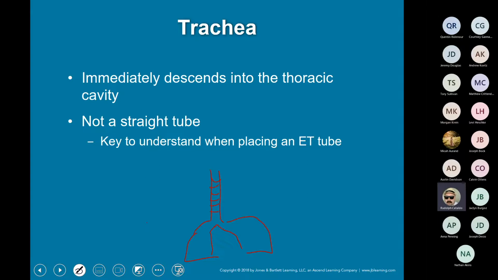So we're going to have a left and a right side, which is obviously our lungs. This being our right lung, this being our left. This area here, right where our trachea splits, is what is called a carina.